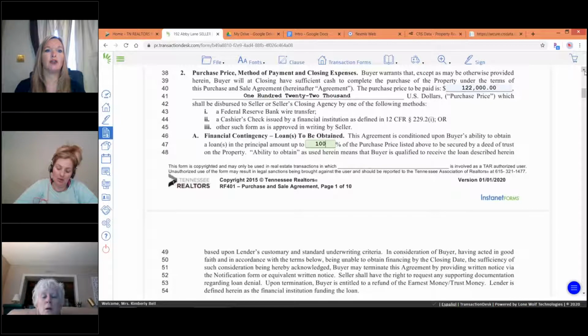So a Federal Reserve Bank wire transfer is usually your lender. A cashier's check issued by the financial institution could be cash, which people aren't really doing that anymore, or such other forms that is approved in writing by the seller.